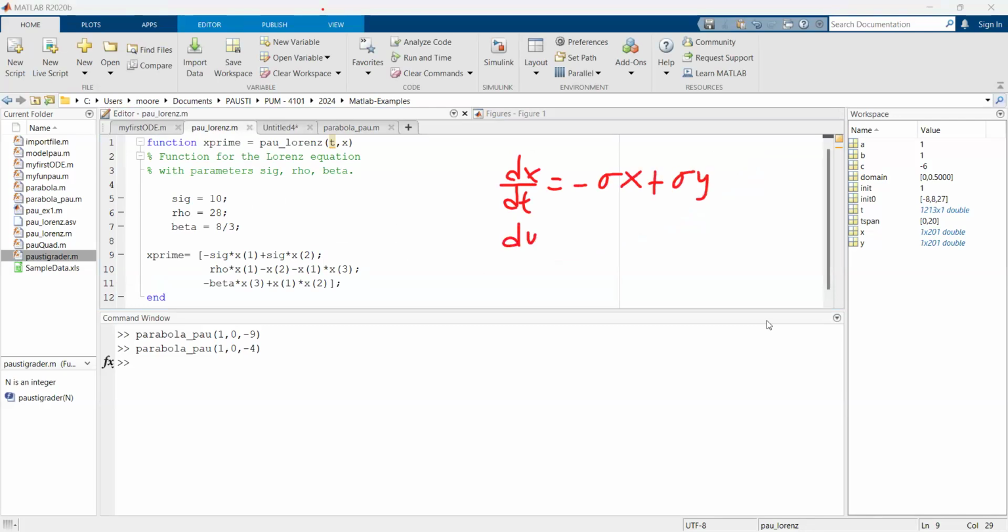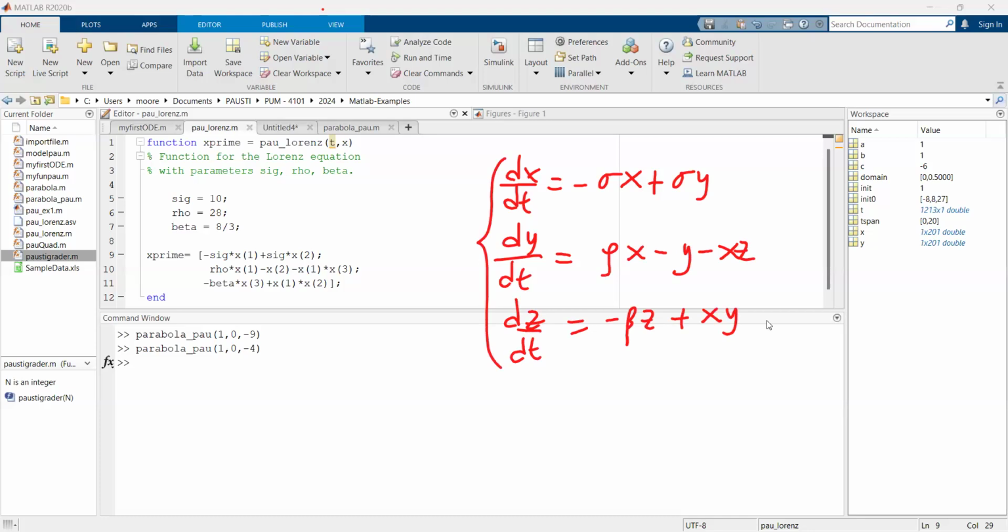Then there's dy dt, which is equal to rho x minus y minus xz. Then there is dz dt, which is equal to minus beta z plus xy. So this is the Lorentz equation, right?